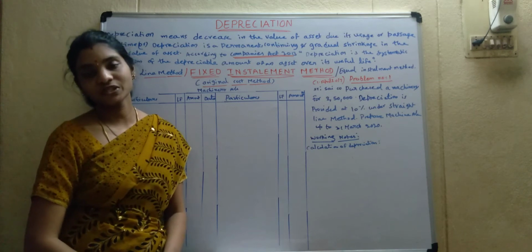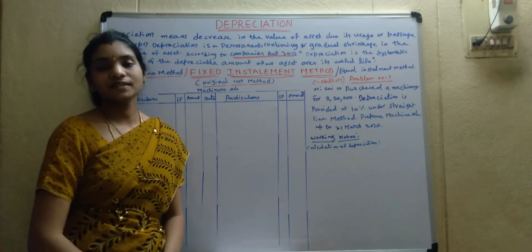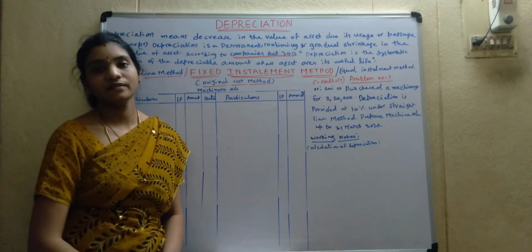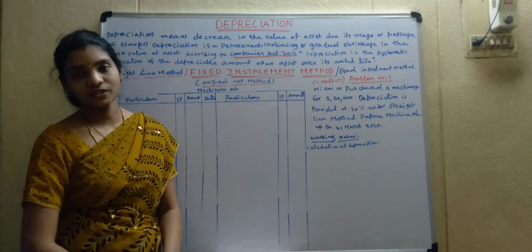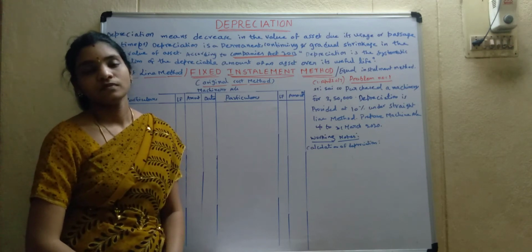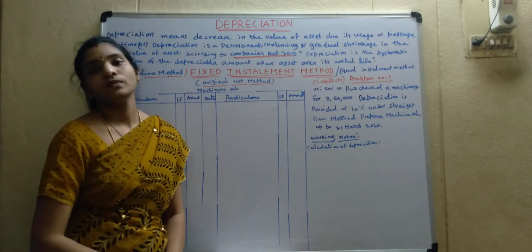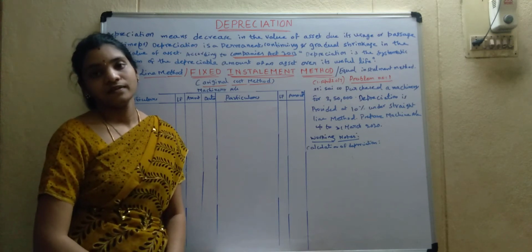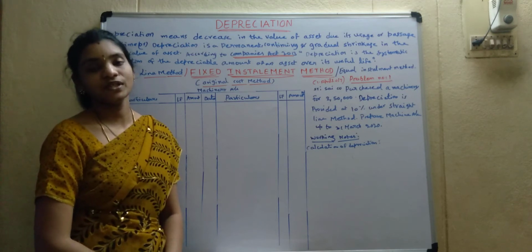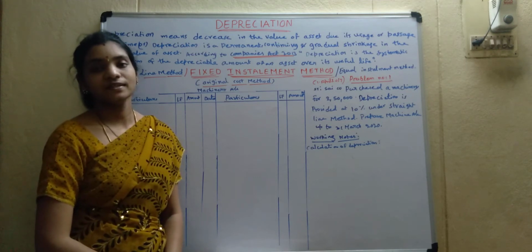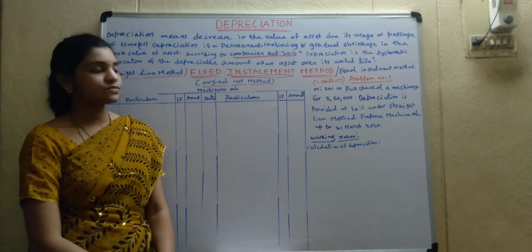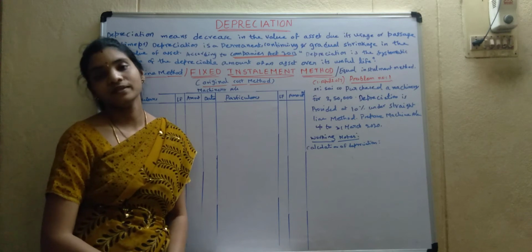Once we charge depreciation, we can't change the value, it means we can't increase the value. Depreciation means we decrease the value, isn't it? So once we decrease the value of the asset by depreciation, we can't increase the value of the asset.